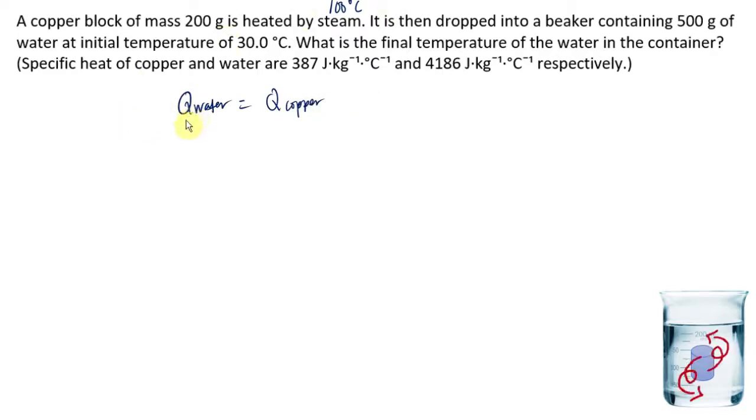For this parameter, which is going to be the heat, we have the equation mc theta, or the change in the temperature. Same goes for the copper. To distinguish these two parameters, mass, we're going to label it as mass with subscript W. Same goes for the specific heat of water, m_W c_W, and then the change in the temperature, the final temperature T minus the initial temperature, which is going to be 30.